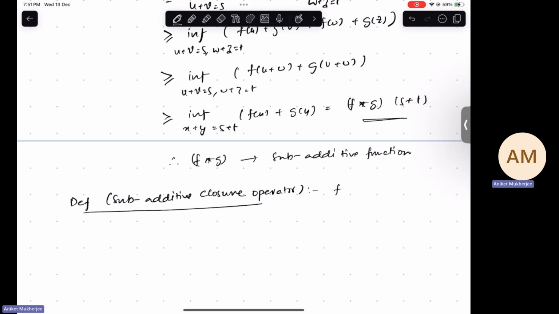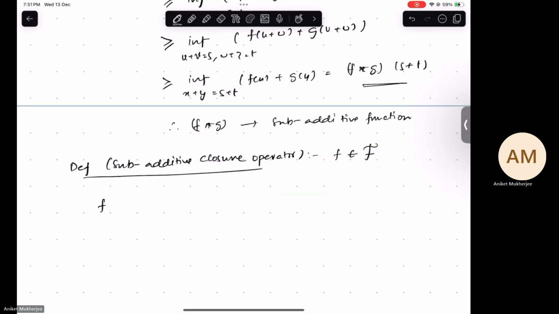So let f be a function in the set F. I'll define the subadditive closure operator with the same notation that I've used for Kleene operator because you'll see that it is almost the same thing.